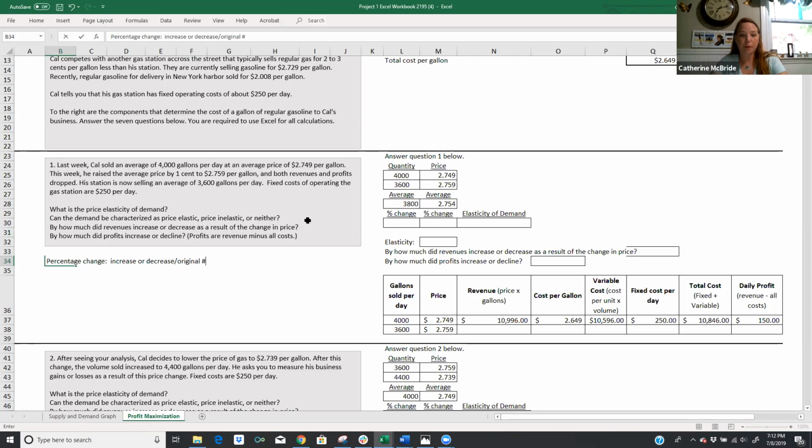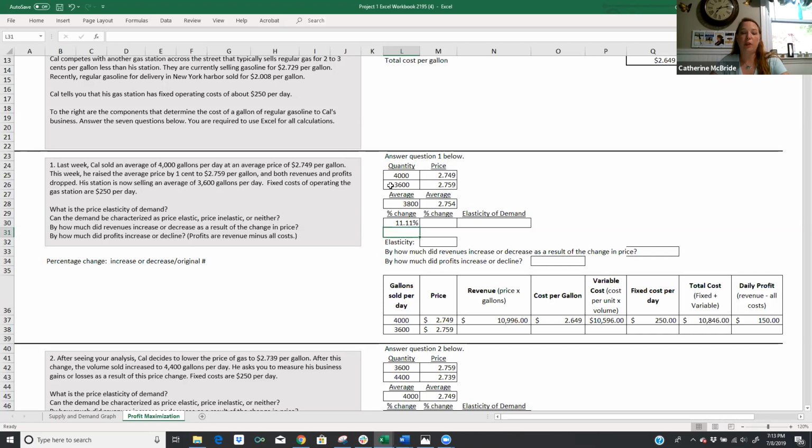So for percentage change, I'm going to put an equal sign because it's Excel and open my parentheses because I'm going to take the 4,000 minus the 3,600. I'm going to close my parentheses. Now I have that 400 divided by the original number, the first amount, 3,600.